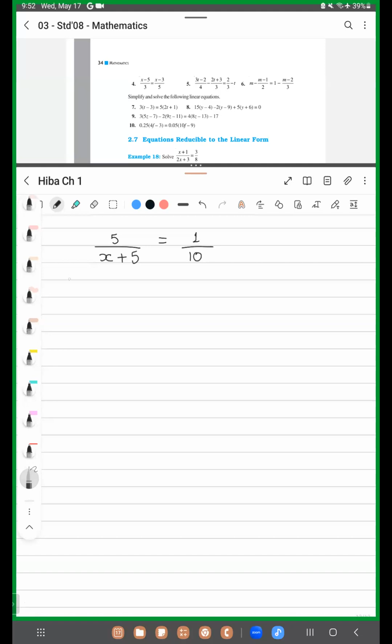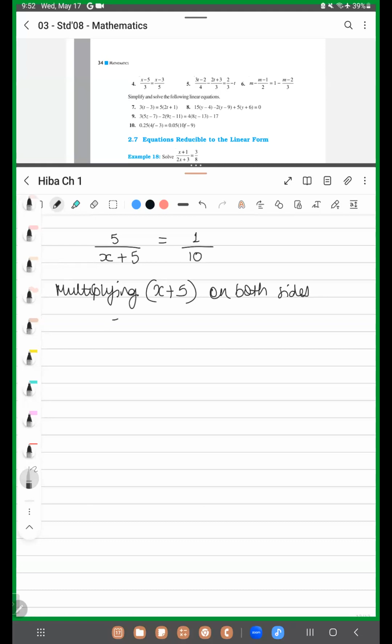See, again let's not use the transposition method. Multiplying x plus 5 on both sides.